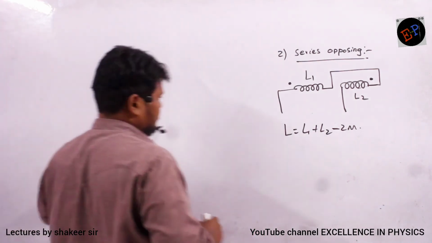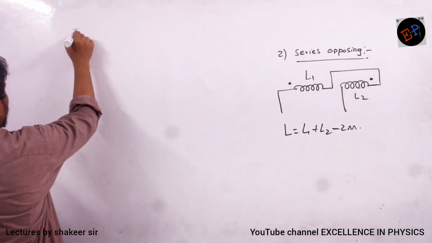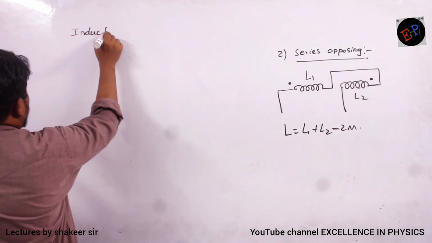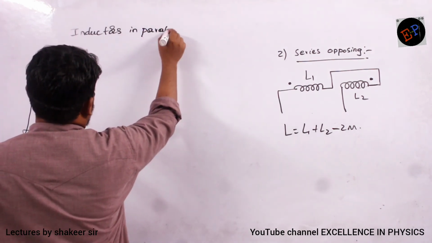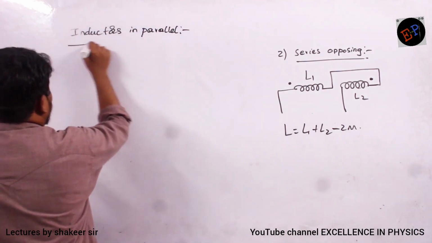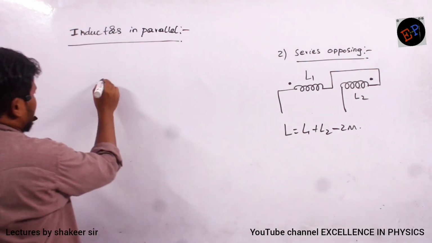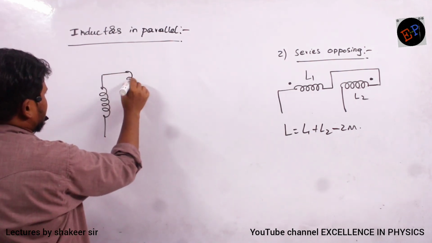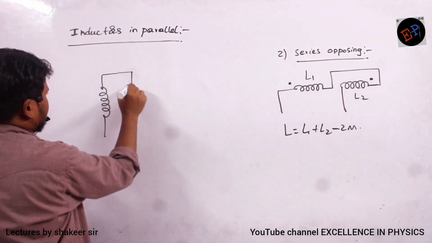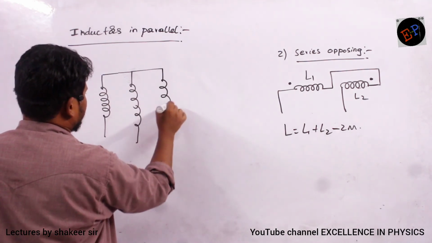Similarly, inductors connected in parallel connection. Parallel connection means this is one inductor, this is another inductor, and this is another inductor.